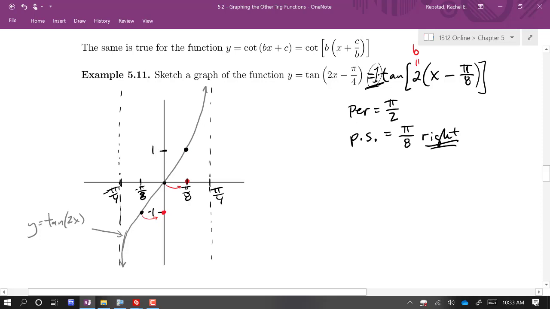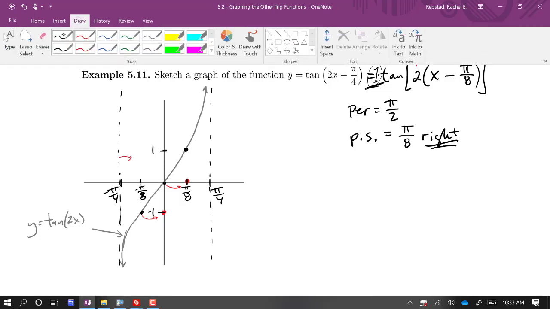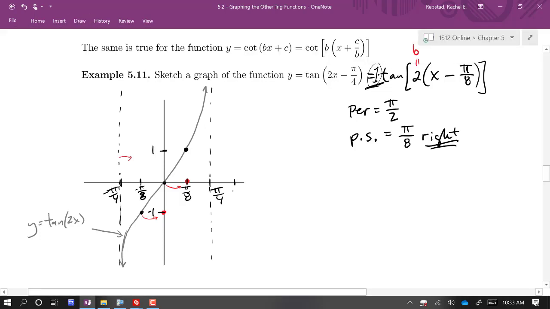Also, my vertical asymptotes are going to move. So let's see, pi over 8 units to the right means this value here will be pi over 4 plus pi over 8. That's 2 pi over 8 plus pi over 8, which is 3 pi over 8. And so there's my new vertical asymptote.